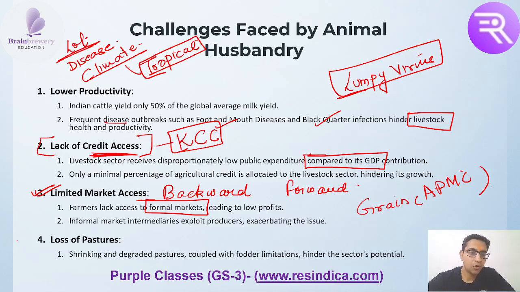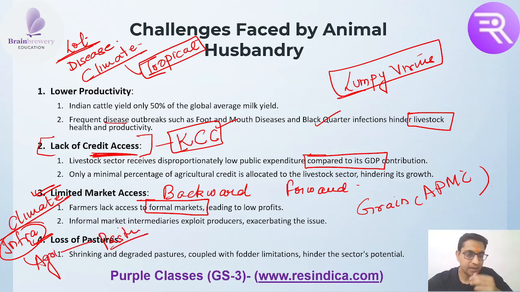Then loss of pasture because of climate change and reckless infra development. The agri land or pasture land is getting converted into buildings, into concrete works, right?